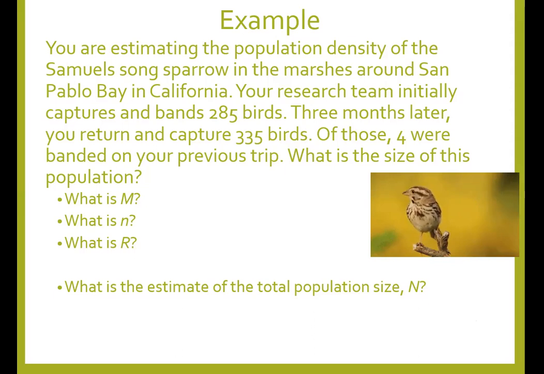Of those, only 4 were banded from the previous trip. The question asks what is M, what is N, what is R, and using these and the equation we just looked at, what is the total population size to the best of the information that we have. So let's define our variables.